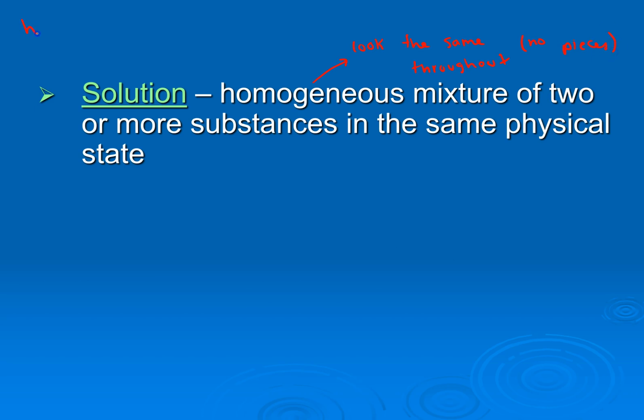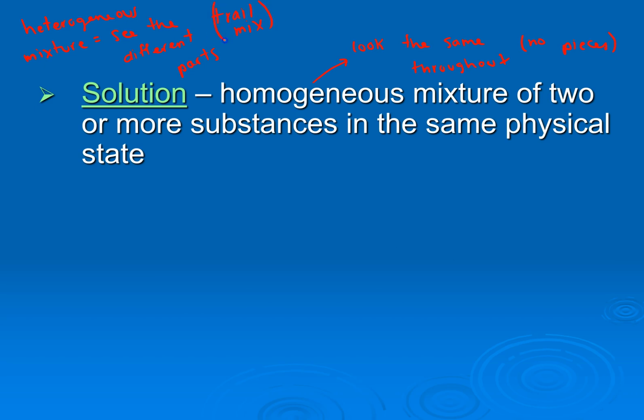If you were to have a heterogeneous mixture, that's where you are going to be able to see the different parts. So my go-to example of a heterogeneous mixture is going to be like trail mix.